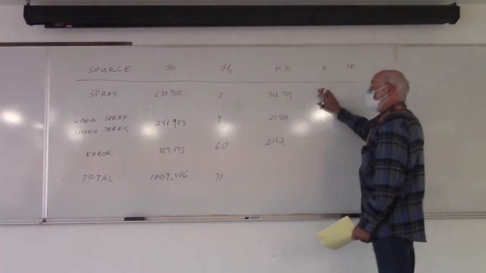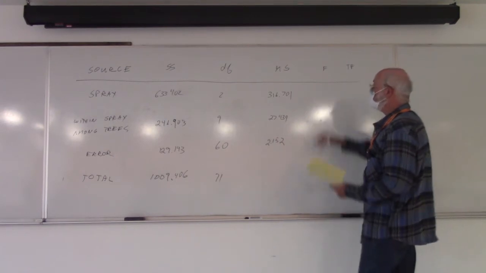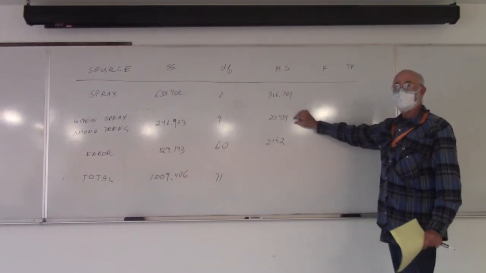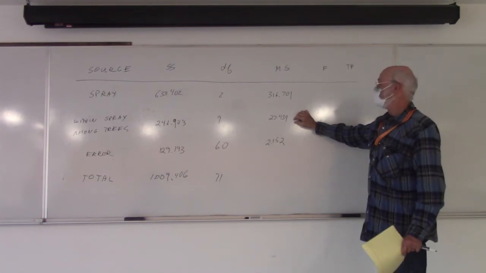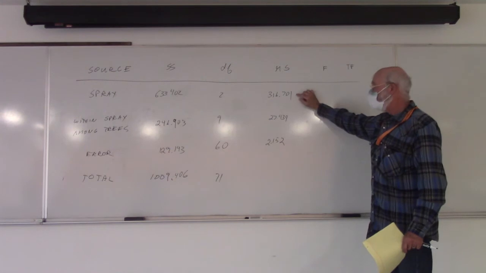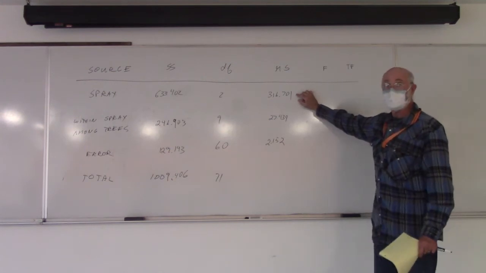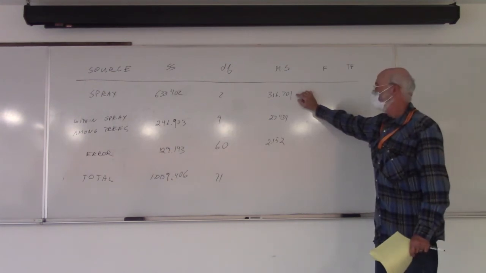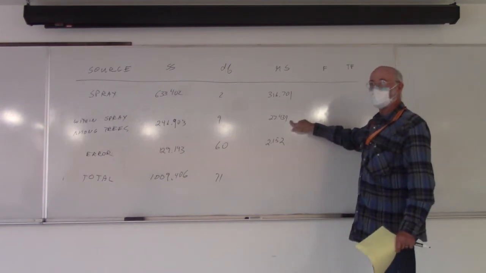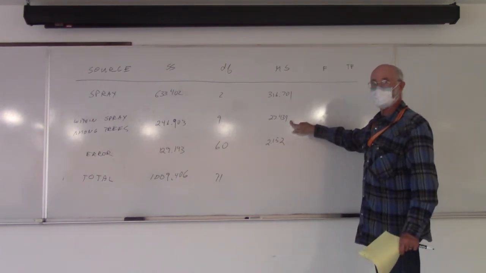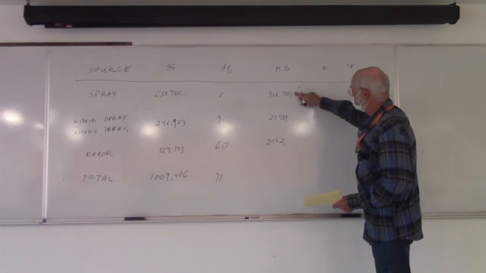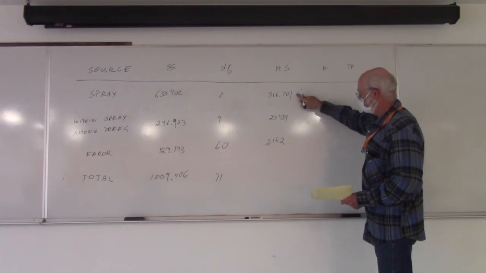And now, what's the F? Well, we know that the F is this divided by that. The naive person goes, oh yeah, this divided by that. Well, that divided by that gives you an F that's really big, about 150 or something like that. This divided by that is about 10 or 11. But the correct F is this divided by that, not this divided by that.